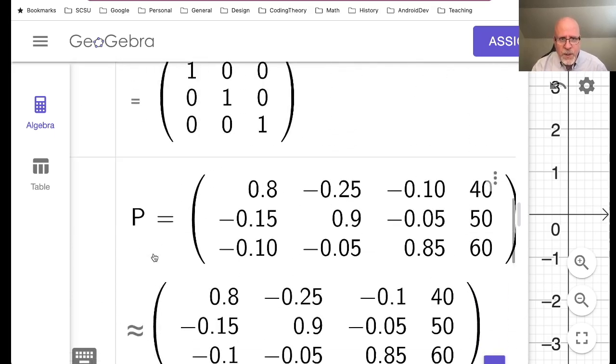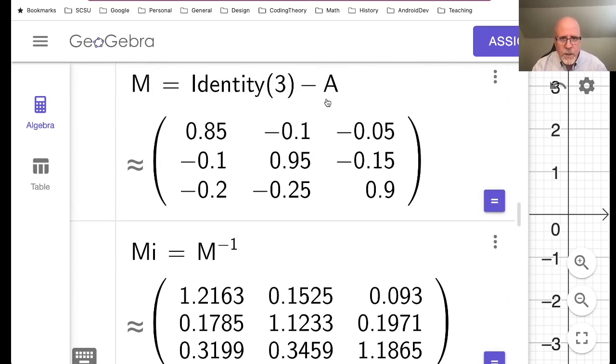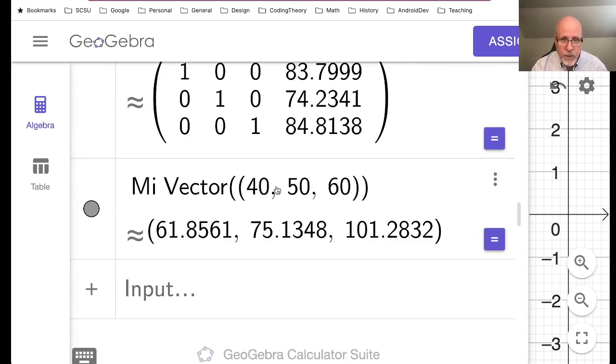You find the matrix that looks like an identity minus your input-output matrix, call it something. Find the inverse of that matrix, and then you multiply it by the demand vector, 40, 50, 60. And this gives you the pays that should go to each of the different sectors.